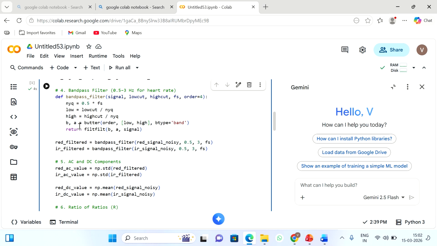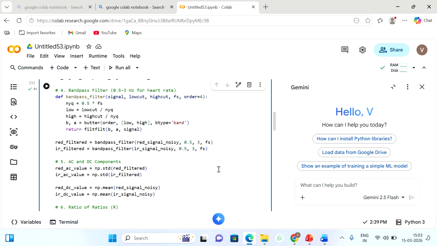It will return a signal of such good quality. Then red filtered is equal to band pass filter applied on the red signal noisy, with cutoff frequency 0.5, 3.